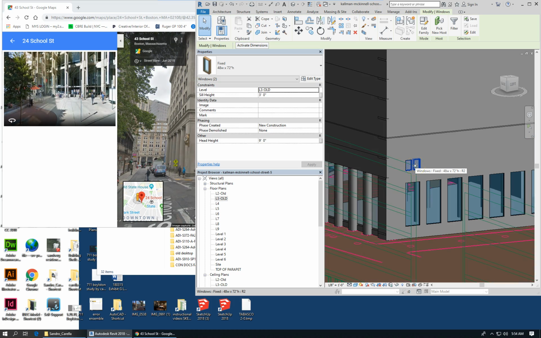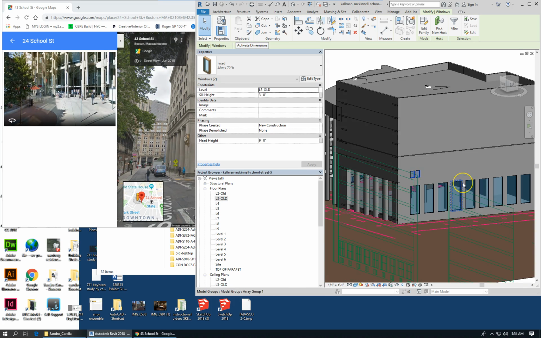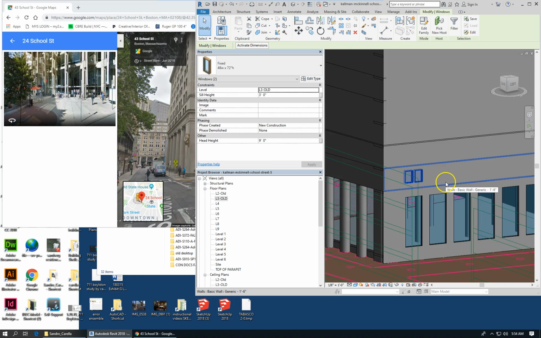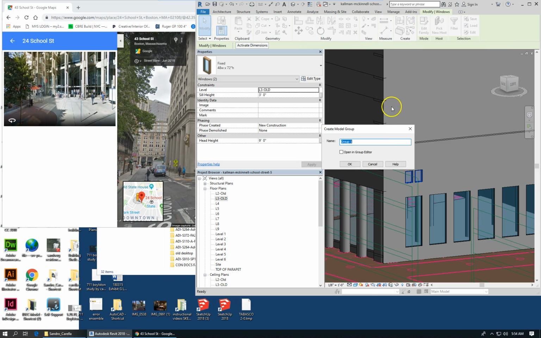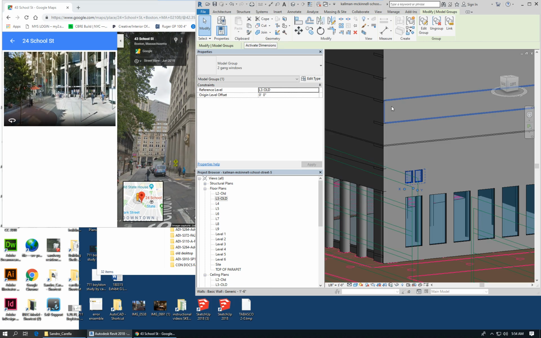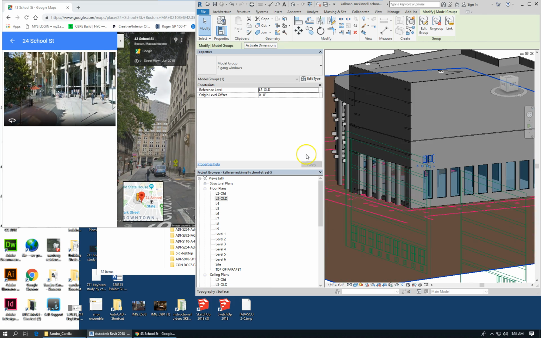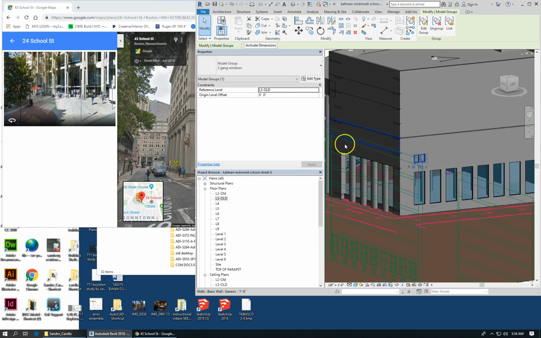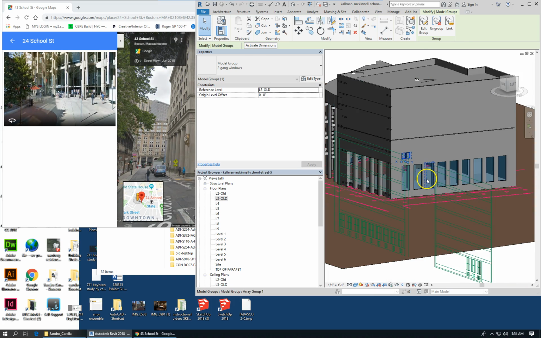The idea is that we basically want to get the facade condition, the exposure to light. It isn't important exactly what opening that is. Let's make it a group and call it 2 gang windows. And I'm going to say that's identical all the way around.